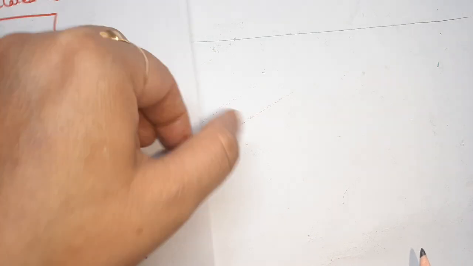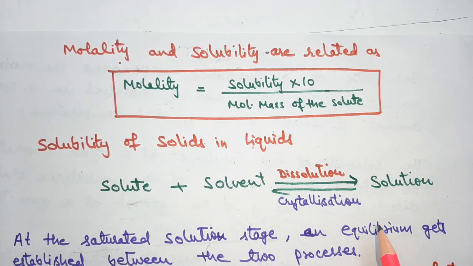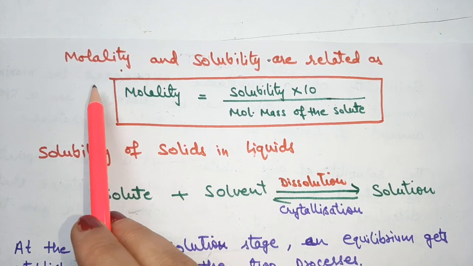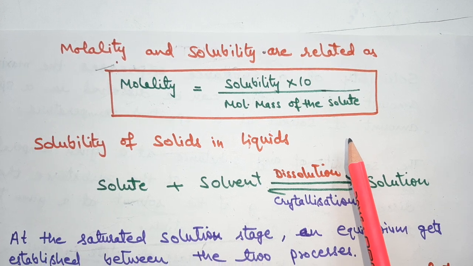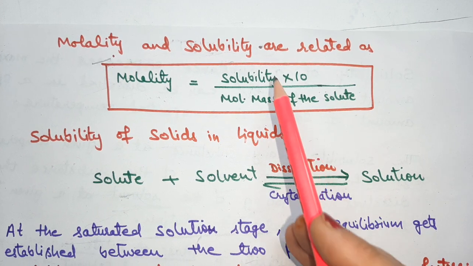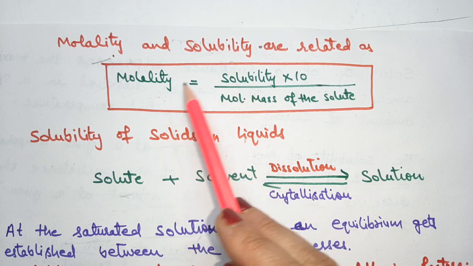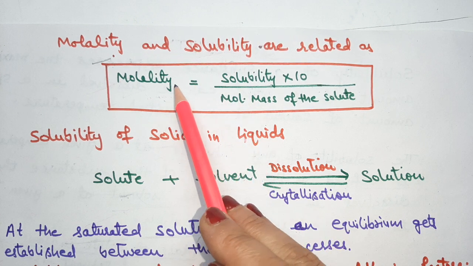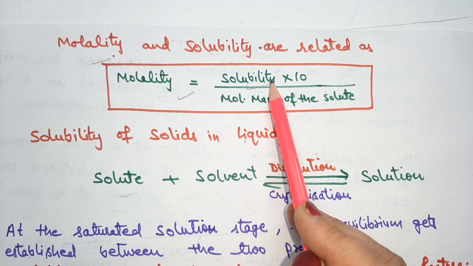The next is, as we are now very much familiar with molality, as we have discussed in the previous videos in detail what the meaning of molality is and how it is calculated. Here we have a direct formula to calculate molality, which is the relationship between molality and solubility.